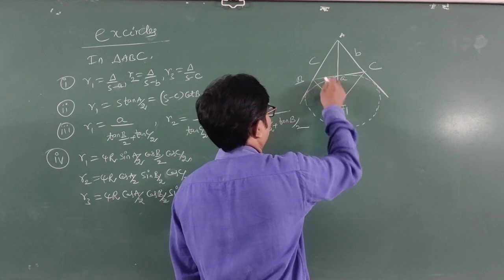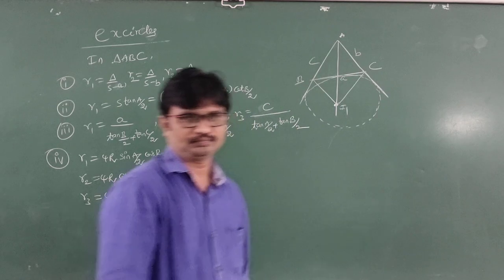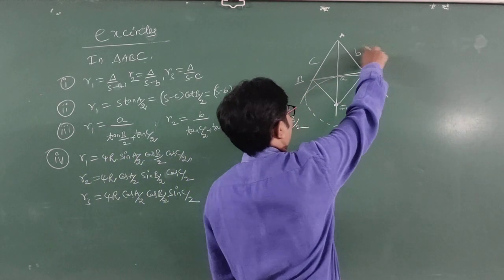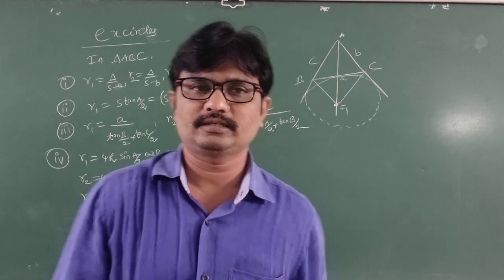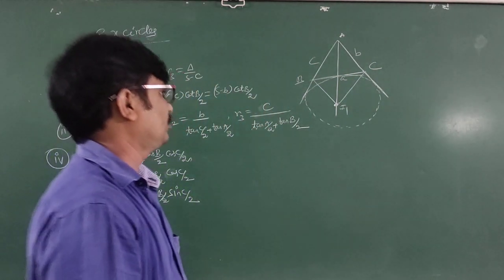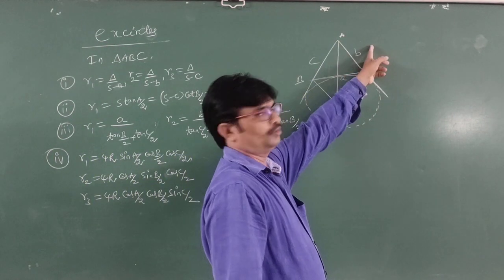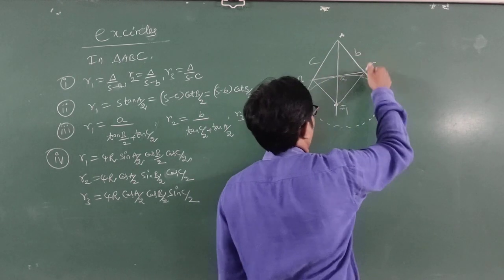Here, this is the first excircle, and this is the second, and this is the third one. So a triangle has 3 excircles, whose centers are denoted by I1, which is opposite to A, I2 opposite to B, and I3 opposite to C.